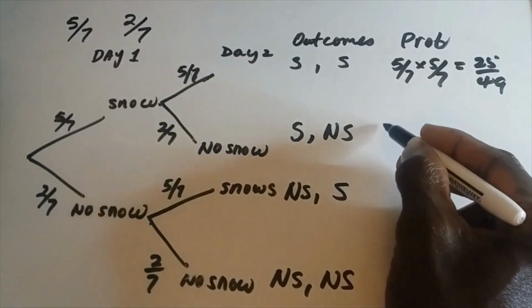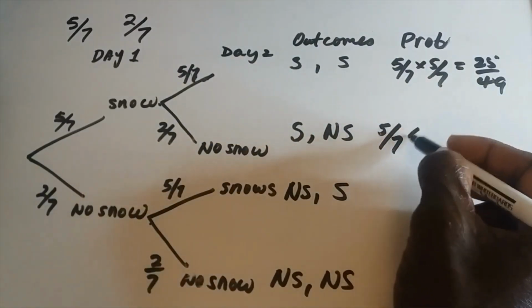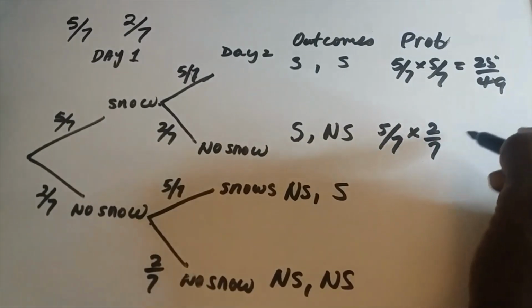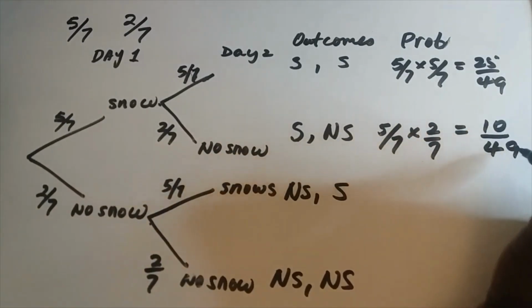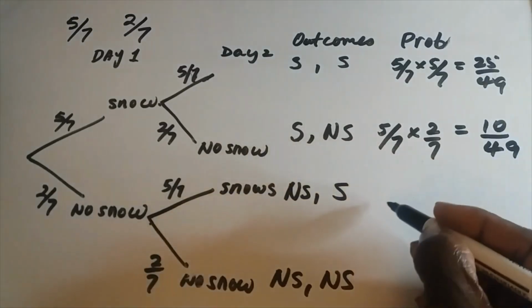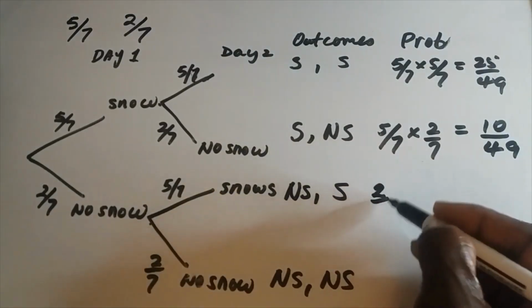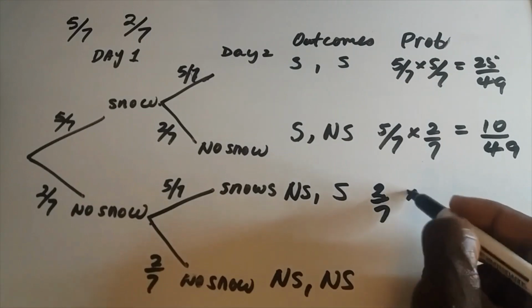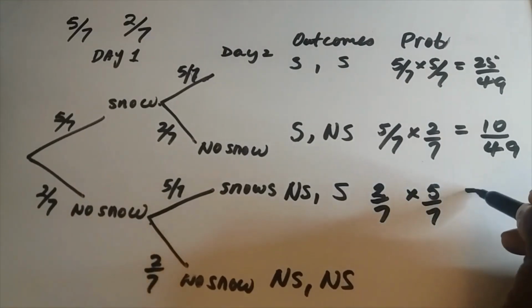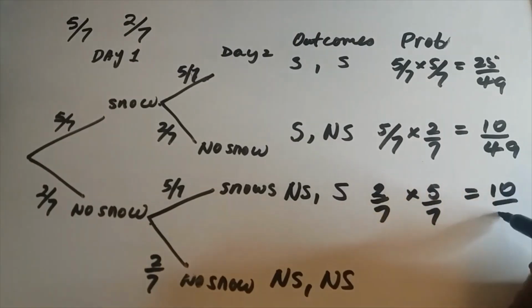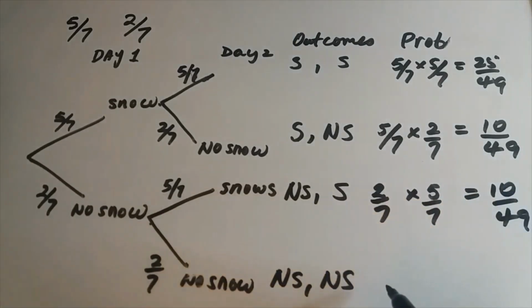Here we have snow, which is 5 over 7, and no snow, 2 over 7, gives us 10 over 49. Here we have no snow, which is 2 over 7, and snow, which is 5 over 7. This also gives us 10 over 49.